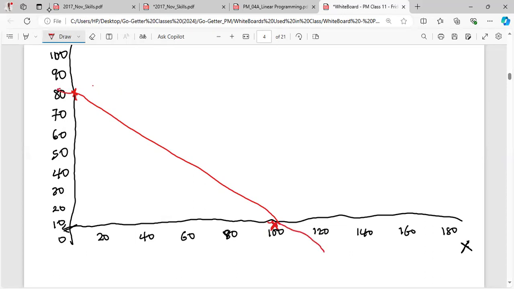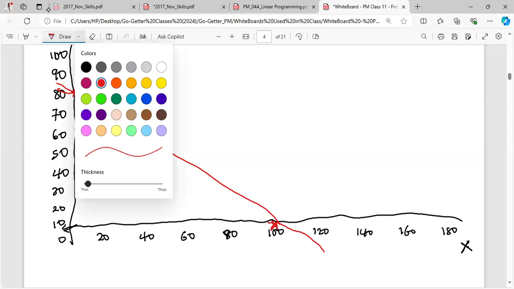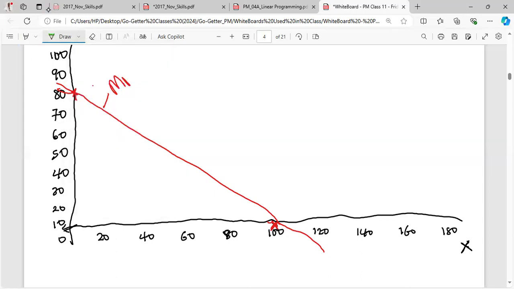Okay, you draw and cut the x and y axis. So you label this. This is M1. If you want to put the equation, you can. But if you want to leave it at M1, you can leave it that way. Now let's look at the next one, which is M2.